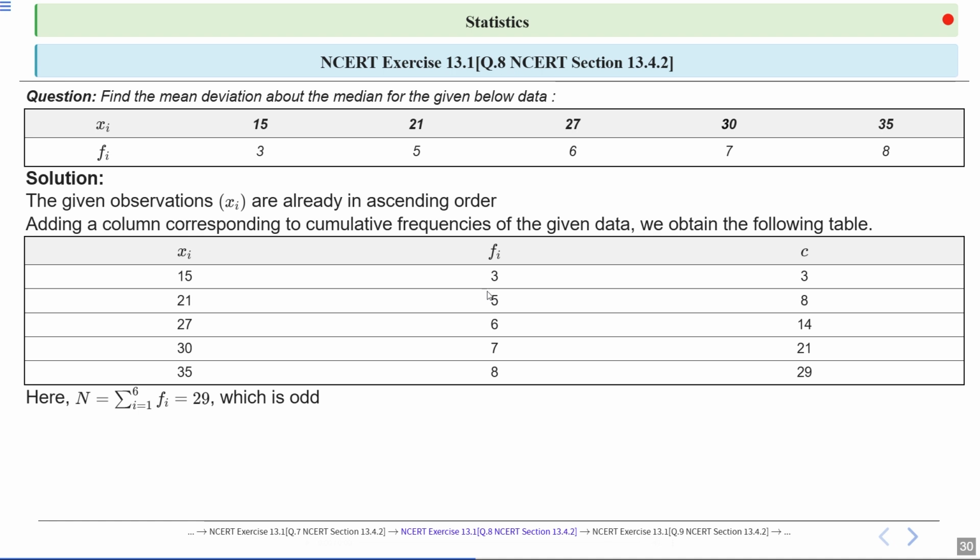Next, let's find the total number of observations, which we call n. We add up all the frequencies and we obtain the value of n. So n equal to 3 plus 5 plus 6 plus 7 plus 8, and this is equal to 29. Since 29 is an odd number, n is an odd number.